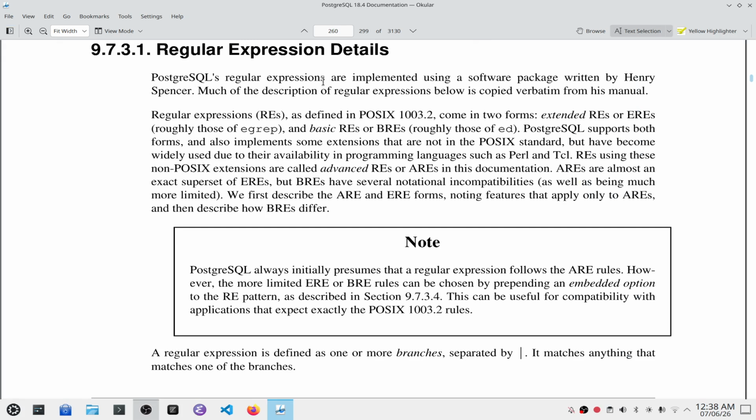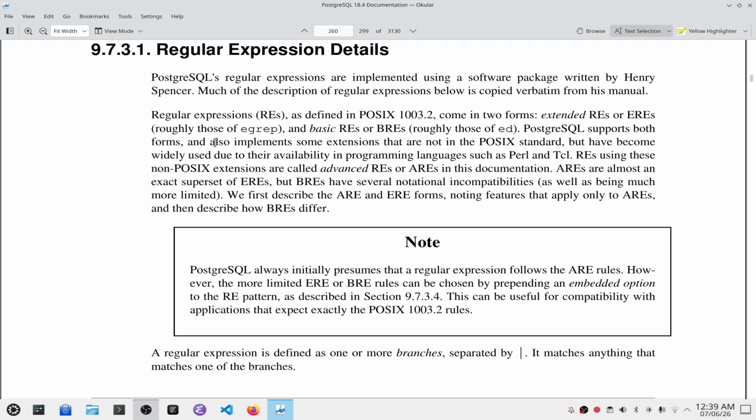PostgreSQL's regular expressions are implemented using a software package written by Henry Spencer. Much of the description of regular expressions below is copied verbatim from his manual. Regular expressions, also written REs, as defined in POSIX 1003.2, come in two formats: extended REs or EREs, roughly those of egrep, and basic REs or BREs, roughly those of ed.